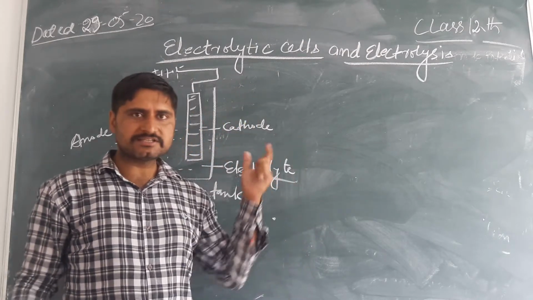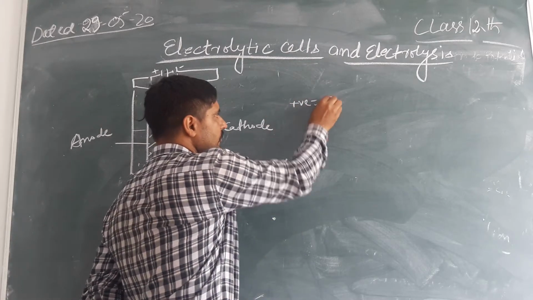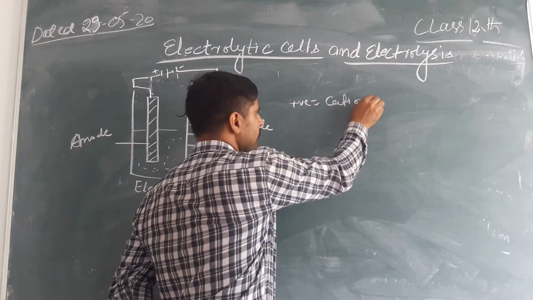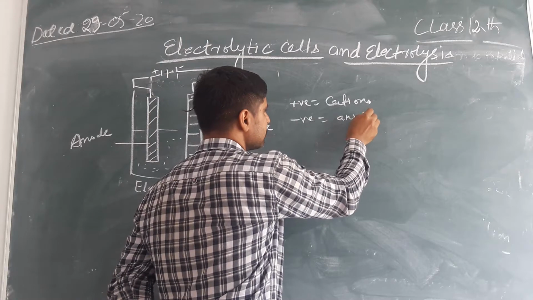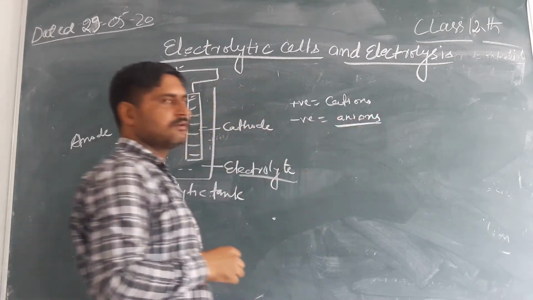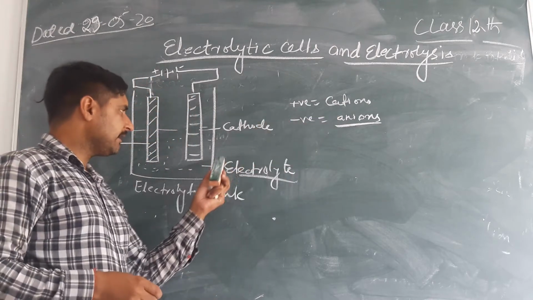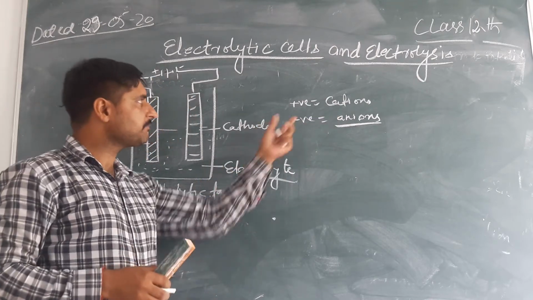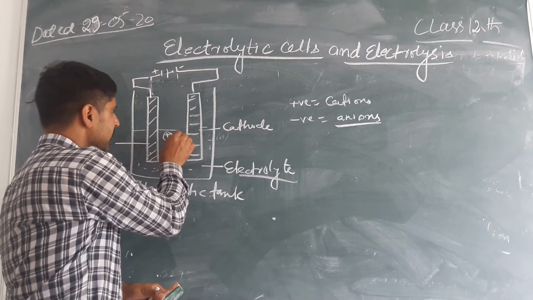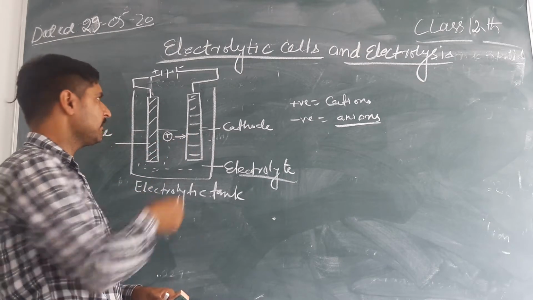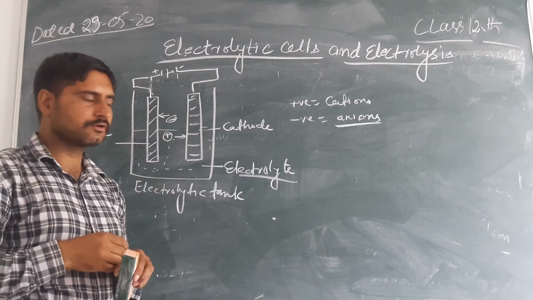The positively charged ions are called cations, and negatively charged ions are called anions. In the electrolytic tank, positively charged ions move towards the cathode, and negatively charged ions move towards the anode.